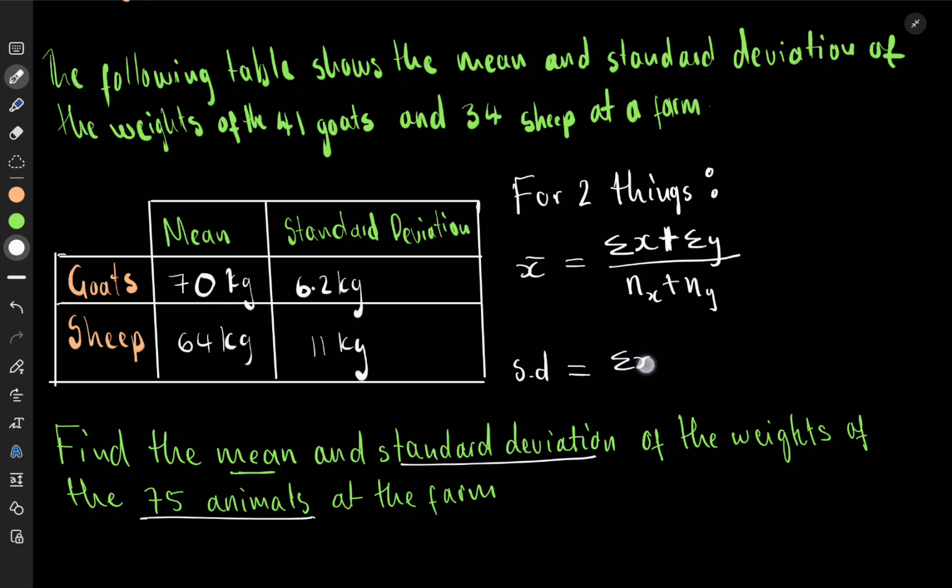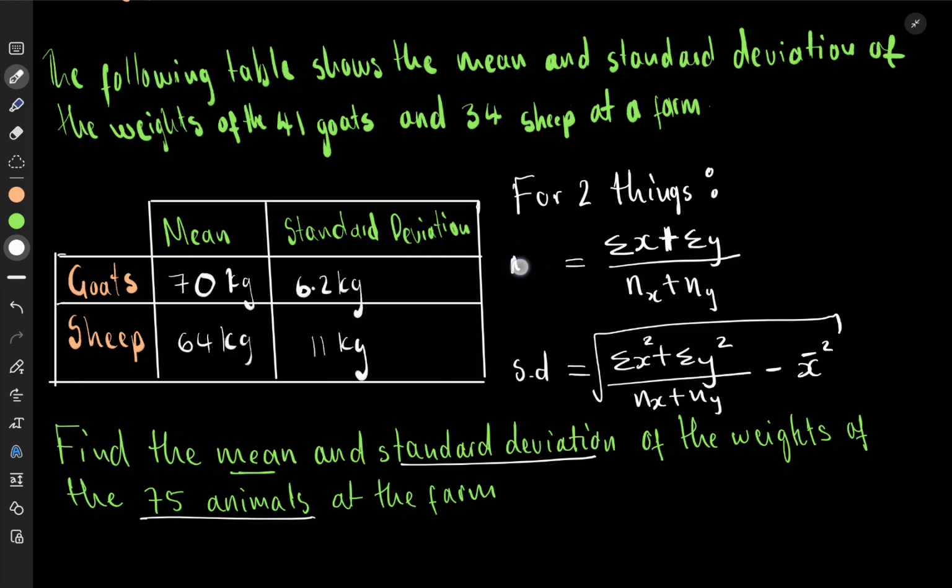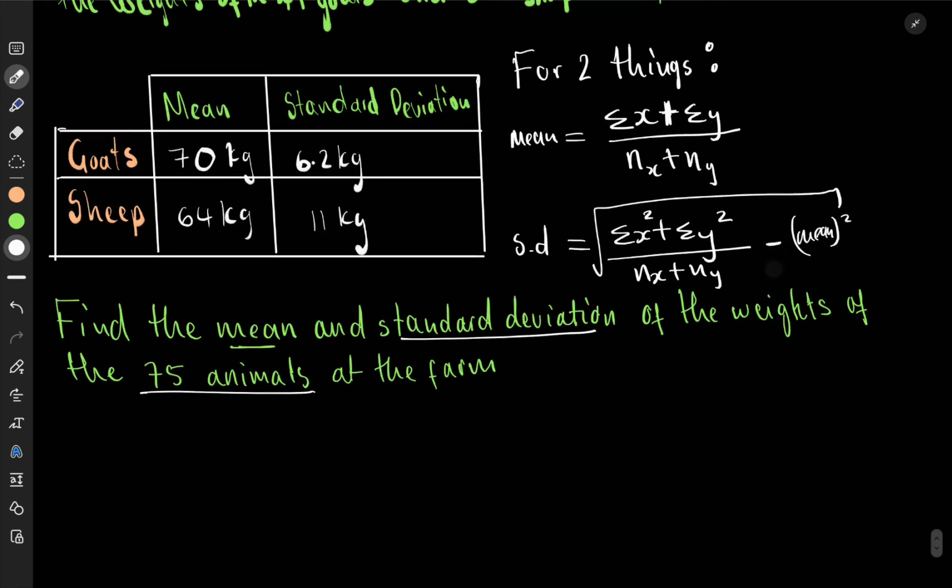So it's going to be the summation of x squared plus the summation of y squared, over nx plus ny, square root of that, then minus the mean squared. I can't really call it x bar, but I can just say it's the mean, because it's no longer x bar since there is y as well.